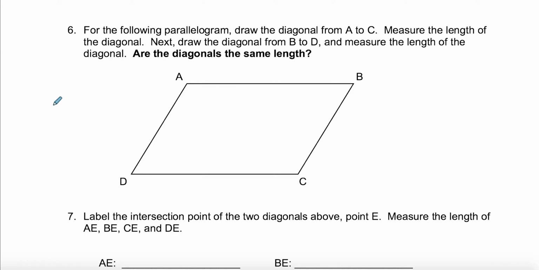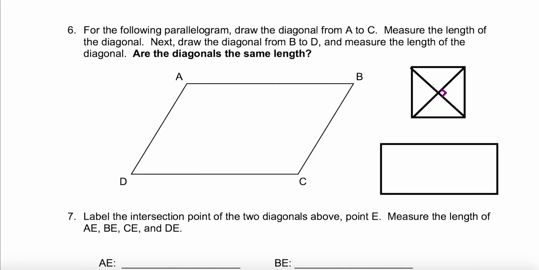Different properties are true for different shapes. If we had a perfect square, we could imagine that the diagonals would be exactly the same length, and also that the diagonals would meet at 90 degrees to each other. So a square is different.